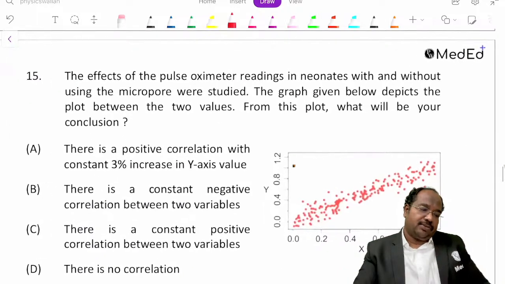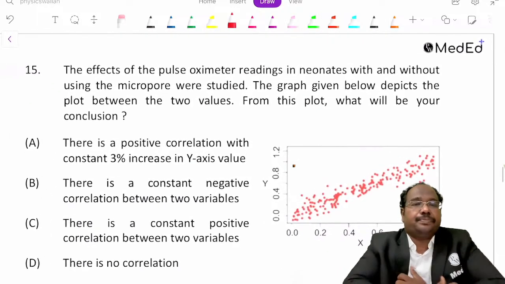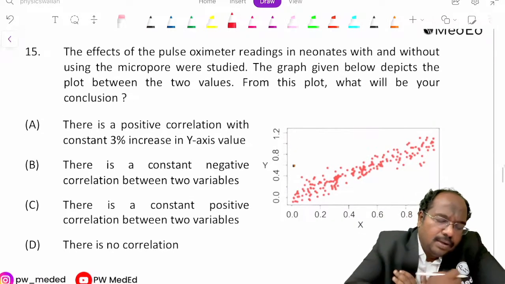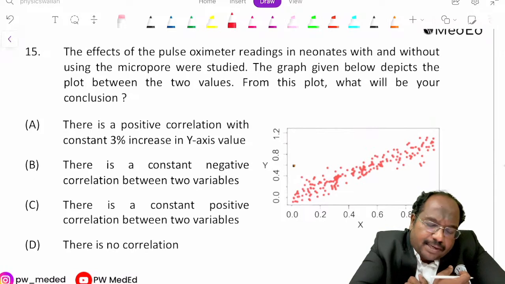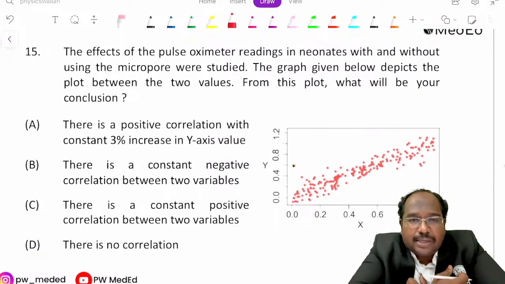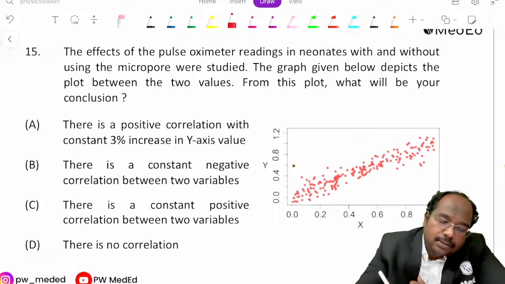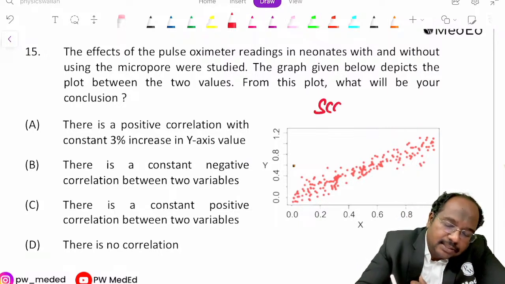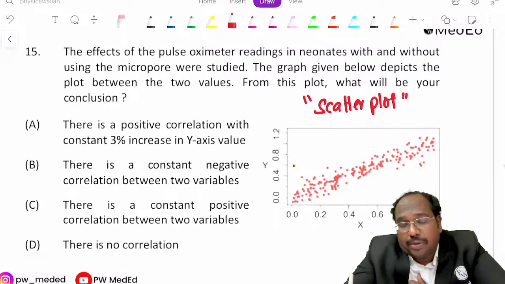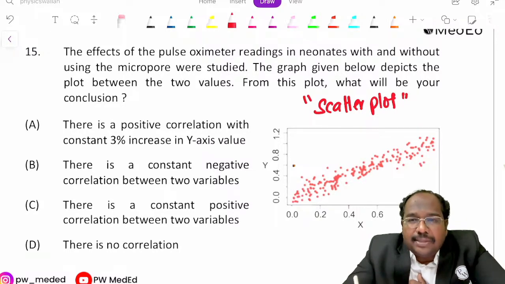Concept-based question, guys. Answer the next question. The effects of pulse oximeter readings in neonates with and without using micropore was studied. What is this graph, guys? This graph is called a scatter plot.